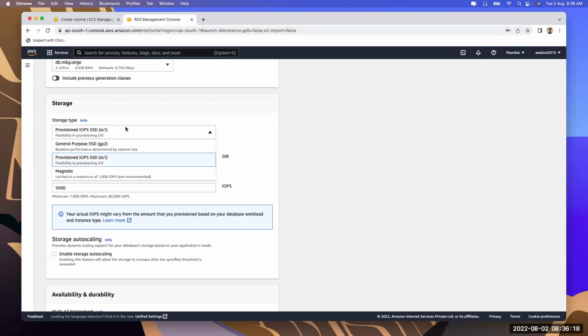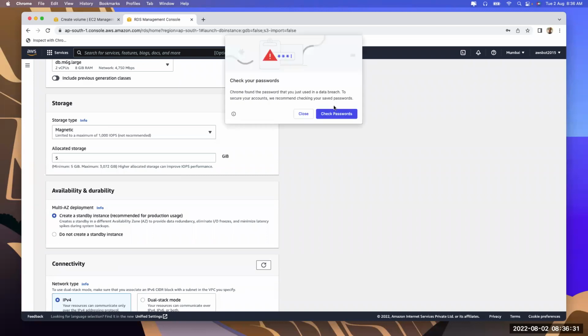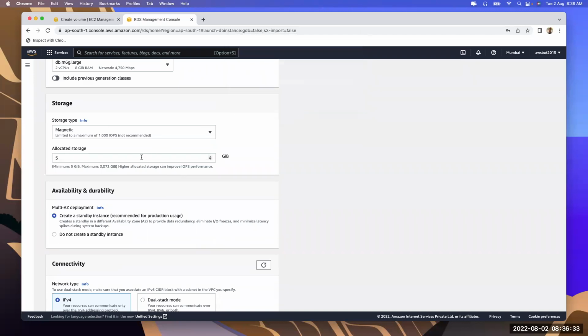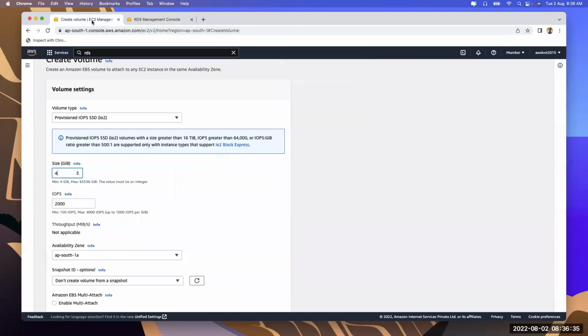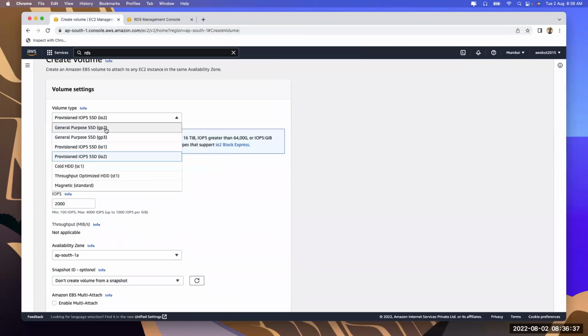By the way, IO2 is still not available inside RDS. So at max, the ratio that you can hit is 1 is to 50. GP2 anyhow is 1 is to 3. And then I have magnetic, where you will realize you don't have anything including IOPS. But more about it after I go down. So GP2 IOPS, IO1, IO2 I understand. That is nothing but mathematics, 1 is to 50 and 1 is to 500.